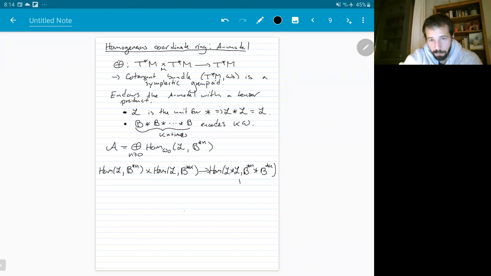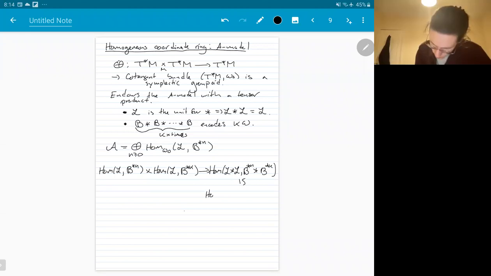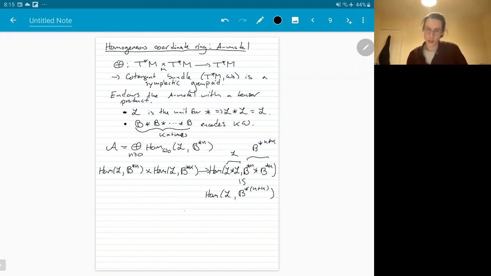But this is just isomorphic to Hom from L to B^(N+K). So in this perspective, the product on the algebra comes from the tensor product on the category.